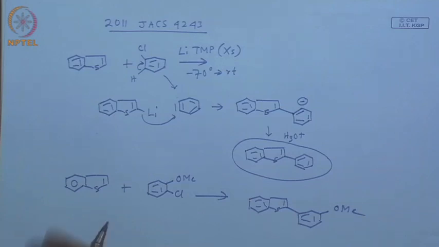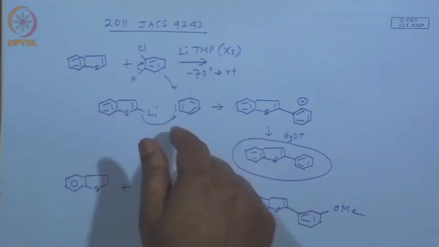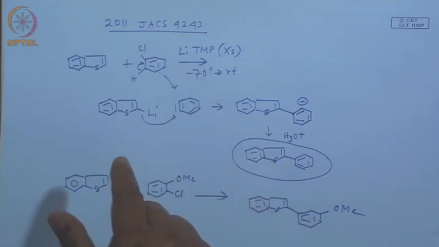Number one. Number two, when I said that LiTMP is the base, there are many examples which could be performed with LDA, that means a much cheaper base. Also, there is one more base, that is lithium dicyclohexylamide. Okay. So, it is pretty general in terms of the base, the reaction is general.